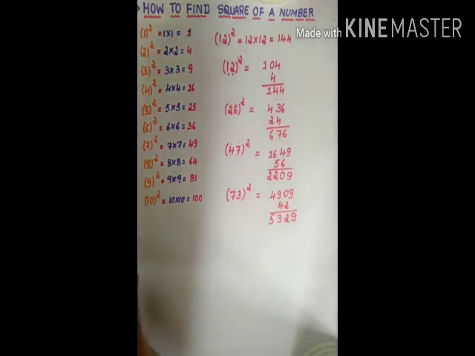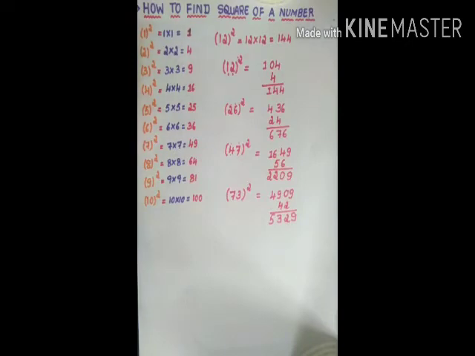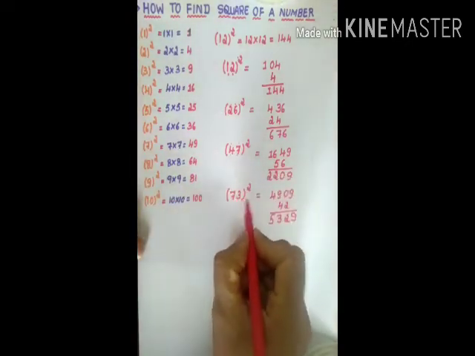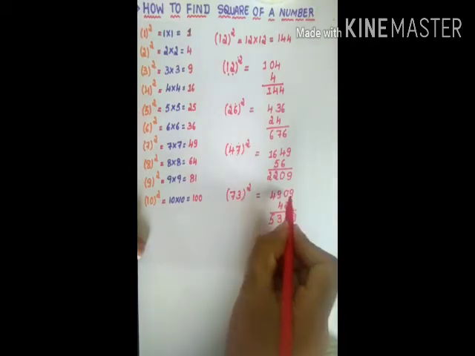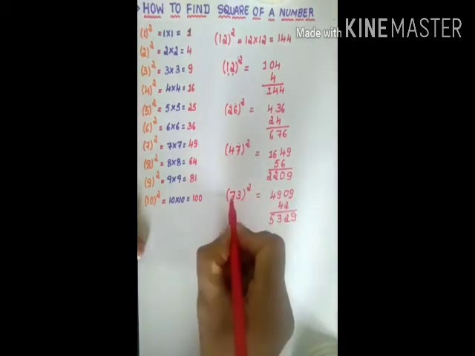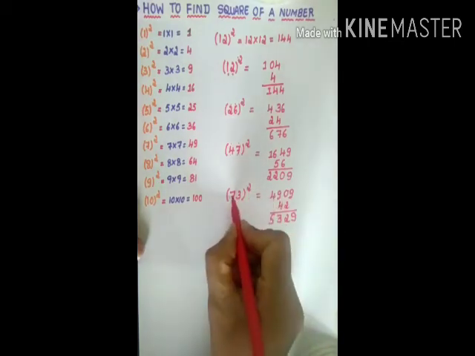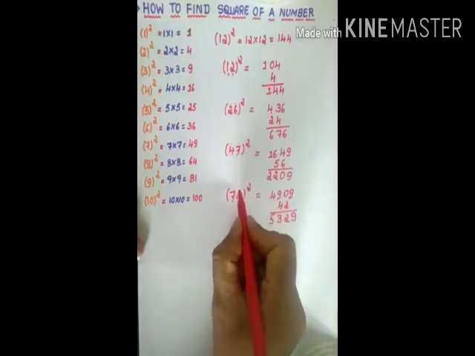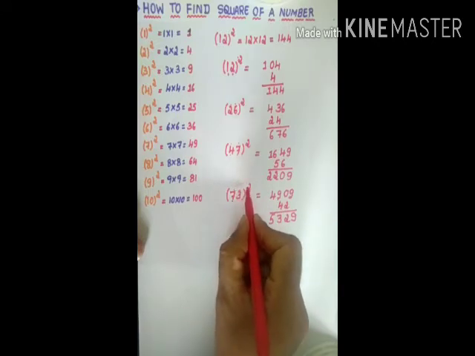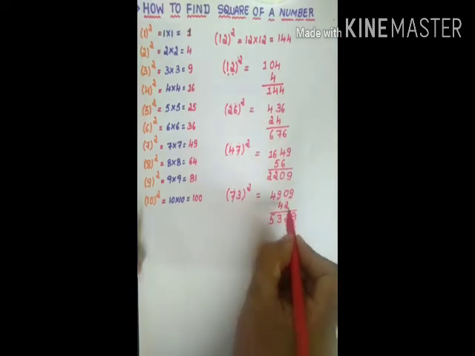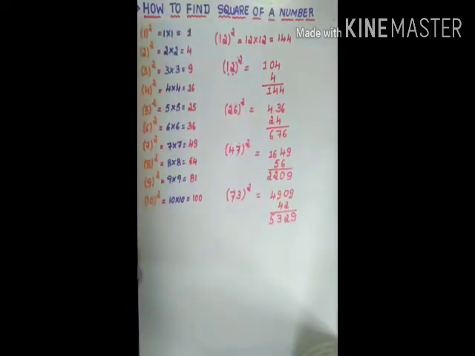So I will explain once again how to find the square of a 2-digit number. One example, 73, I will take again. 3 square you can make first. 3 square is 9. Again you have to make 7 square is 49. Then you multiply simultaneously these 3 digits. 7 3s are 21, 21 2s are 42. Then you can add both answers.